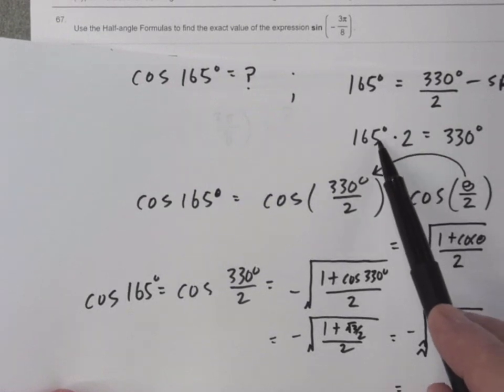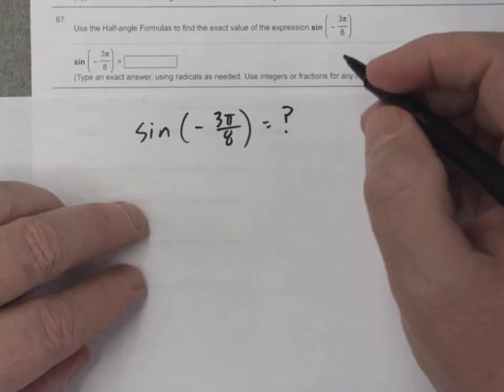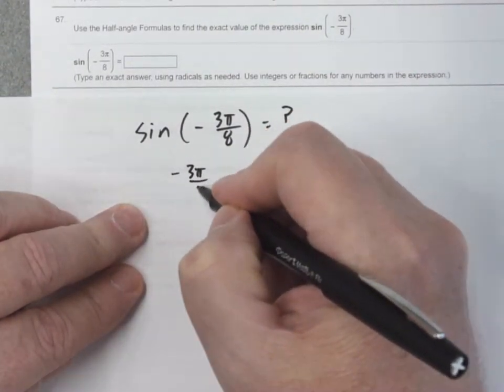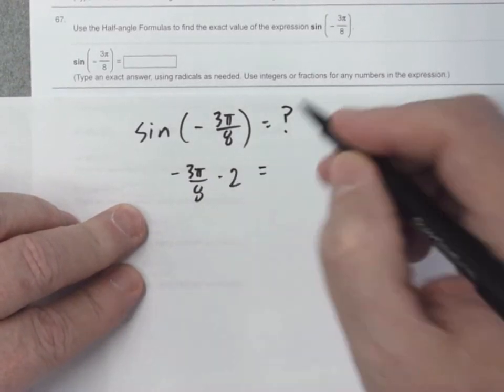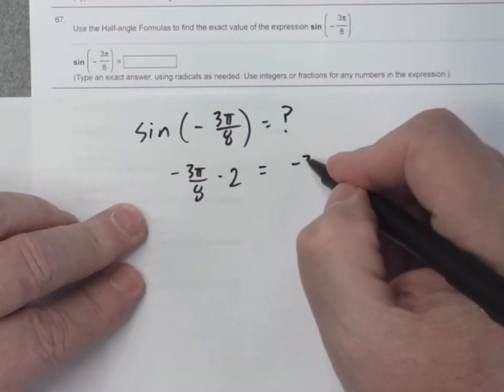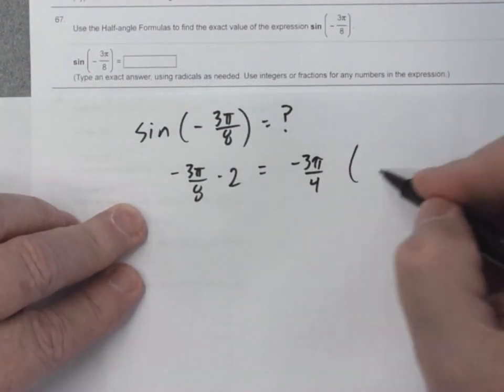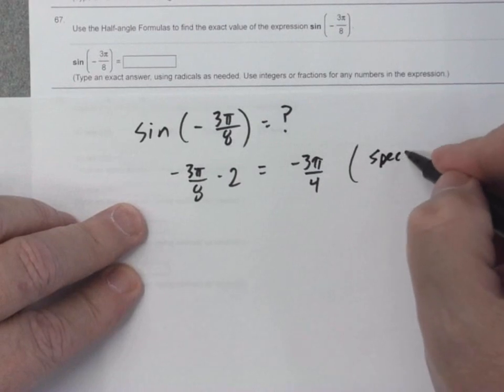You take your initial angle and you multiply it by 2. So I'm going to take the initial angle and multiply it by 2. If you do that, you get negative 3 pi over 4.